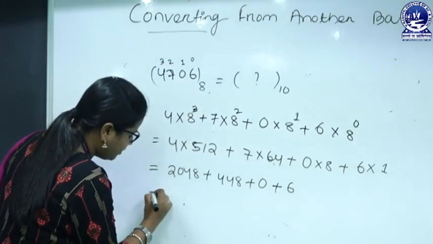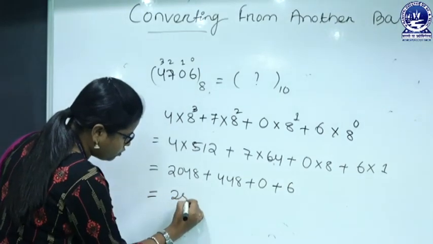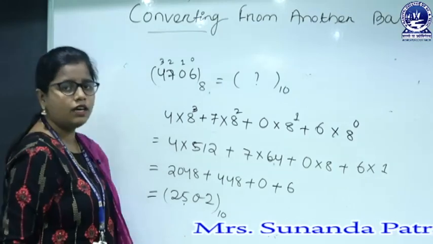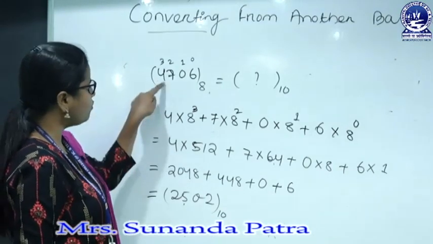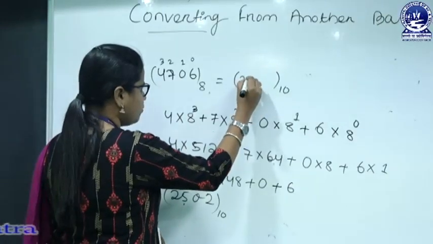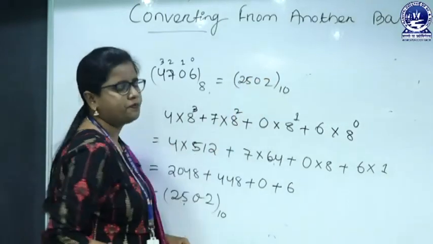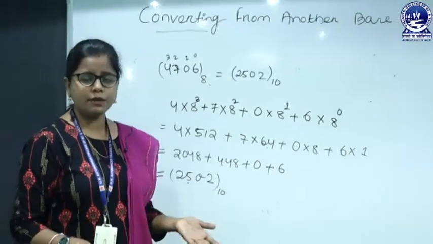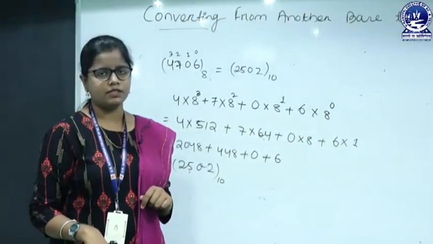So what will be the final result? That will be 2502. So we can see it is the decimal equivalent of 4706. In this way also you can convert any base to the decimal number system.